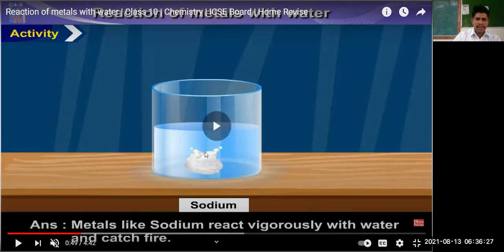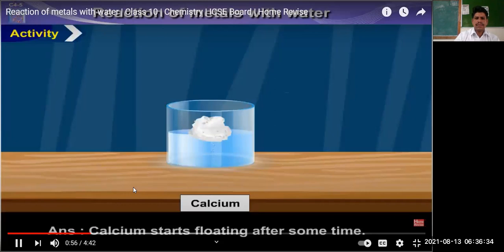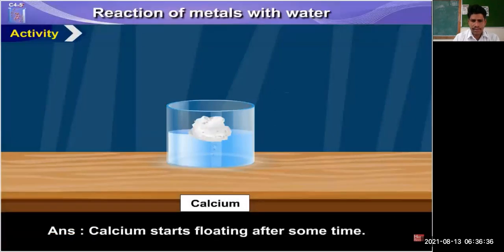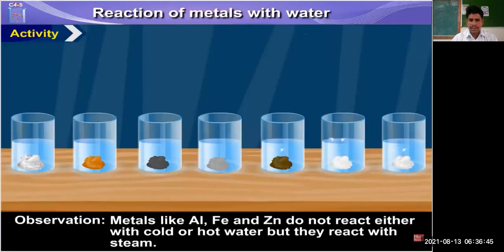Okay, so you will see here the calcium metal after some time. Answer: Calcium starts floating after some time. Observation. Answer: Metals like aluminium, iron, and zinc do not react either with cold or hot water, but they react with steam.